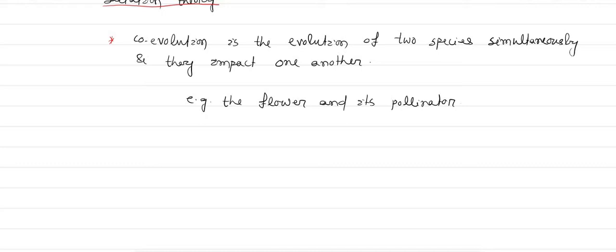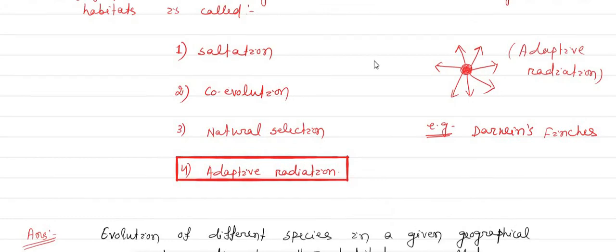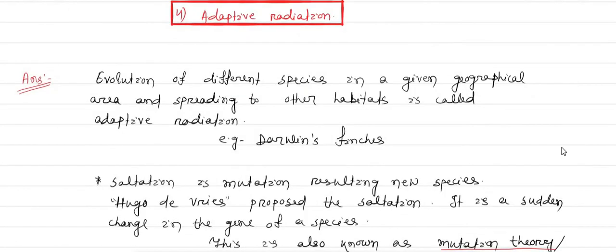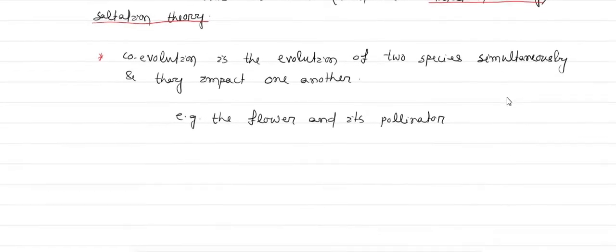Now the next option, after saltation and coevolution, is natural selection. Natural selection means nature selects the fittest organism, or adaptation occurs according to nature.